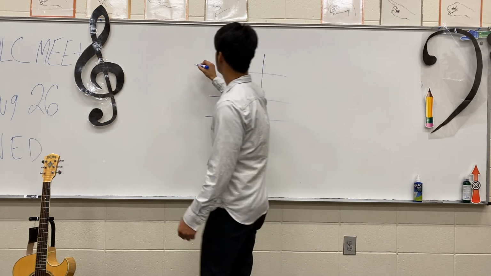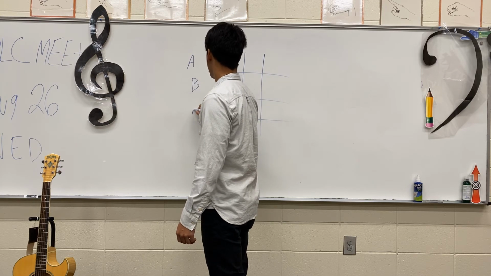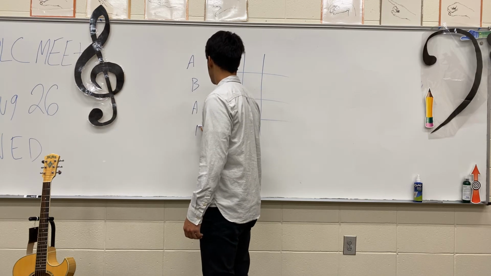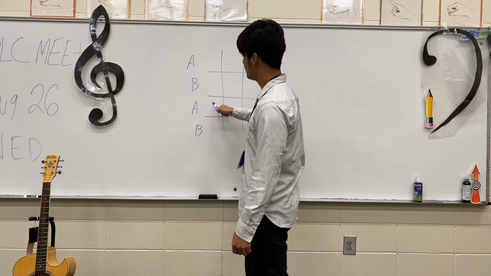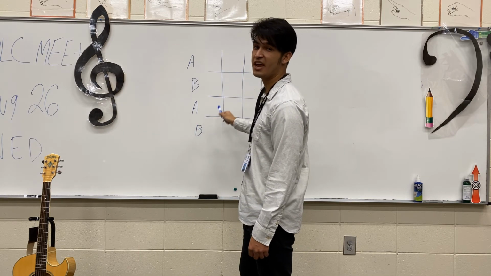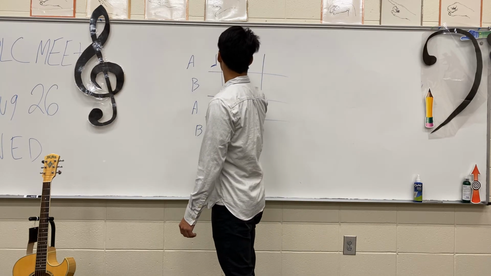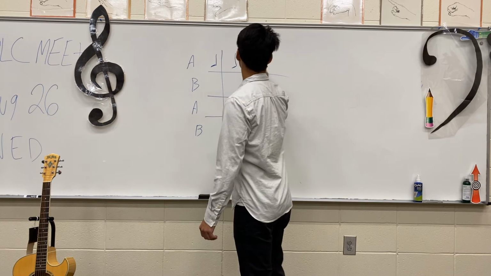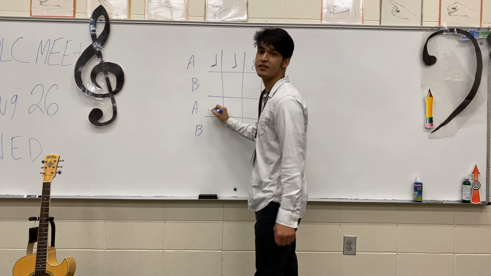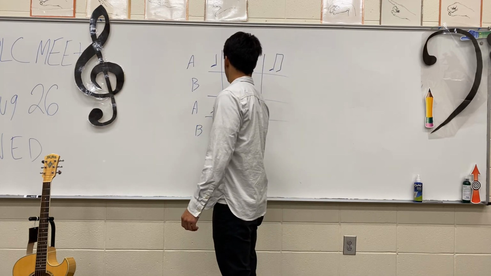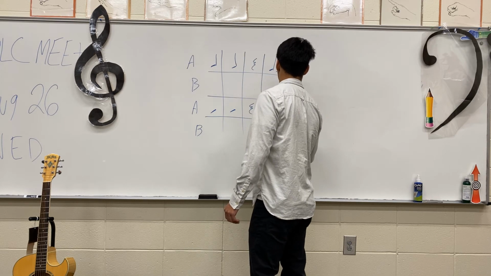For your rhythm grid, I want you to go A, B, A, B. Now, if you write a rhythm in A, and here in A, it has to be the same thing. So if I wrote quarter note, rest, eighth note, you'd have to do the same thing for your other A. You'd go quarter note, rest, eighth note.